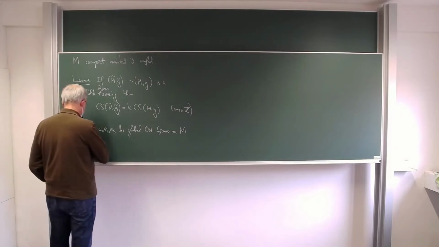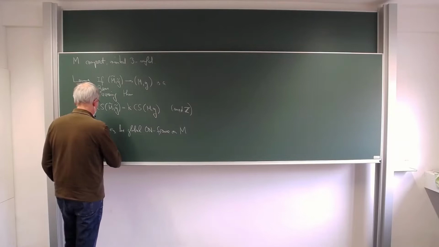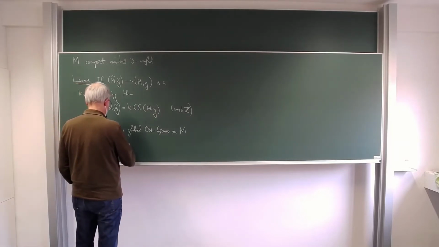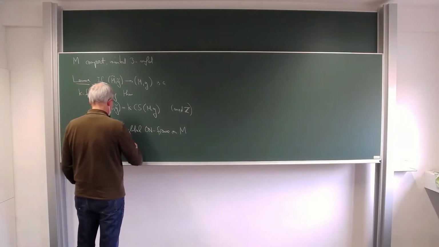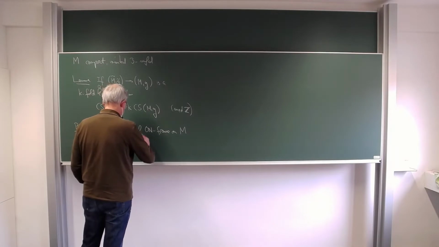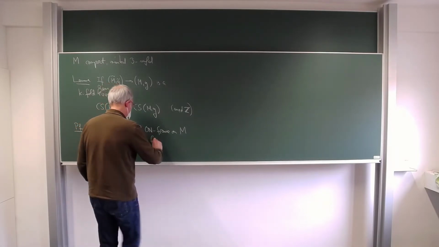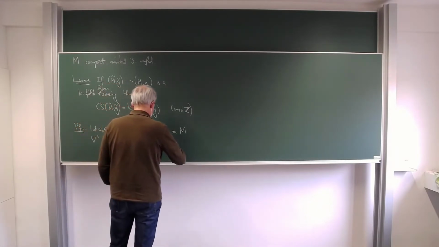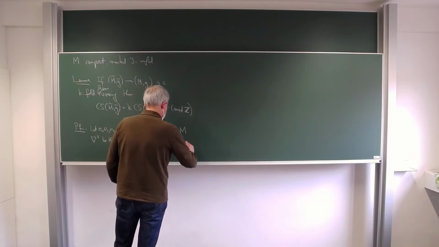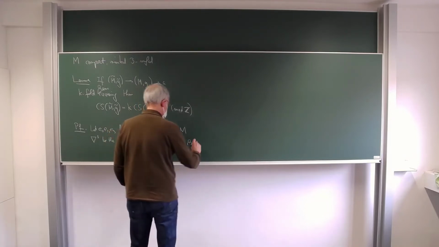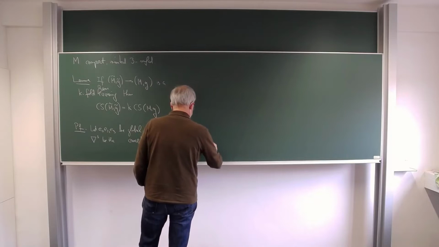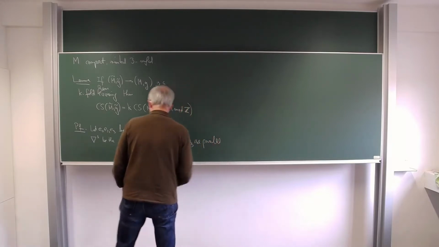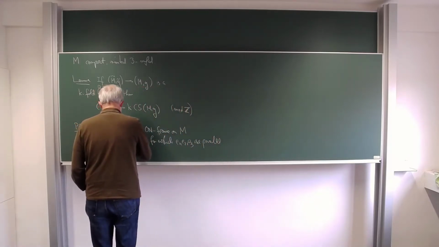So let nabla 1 be the corresponding connection for which we declare E1, E2, and E3 to be parallel. And this is then automatically a flat connection.